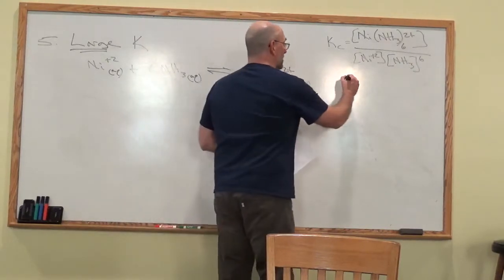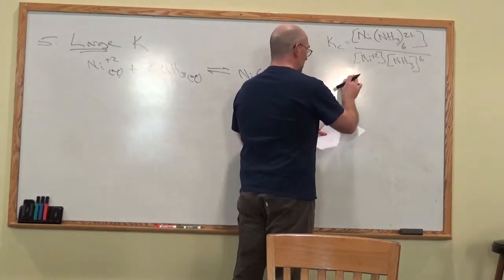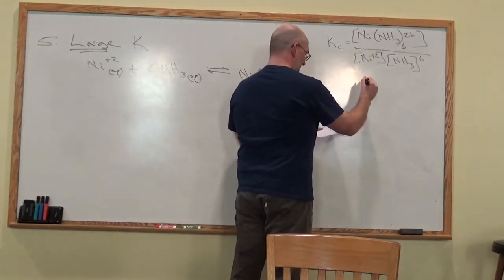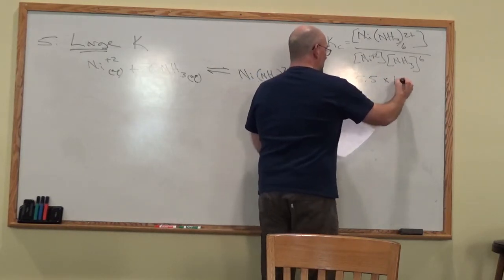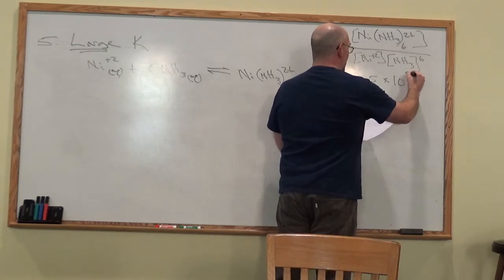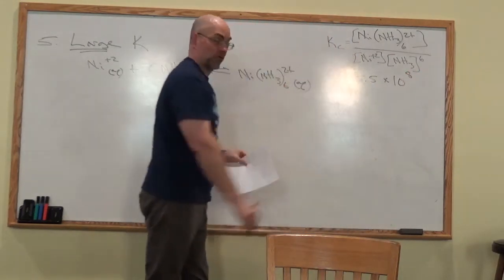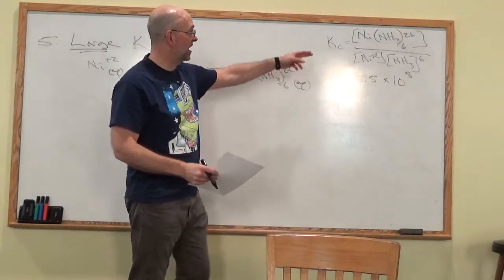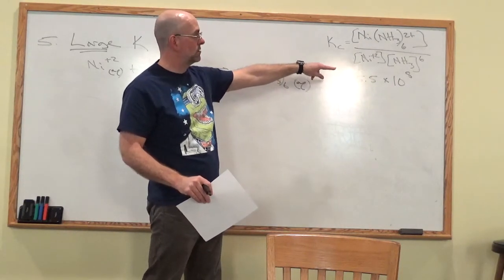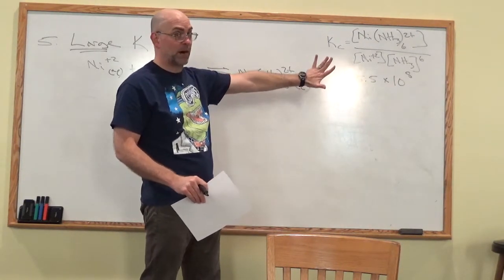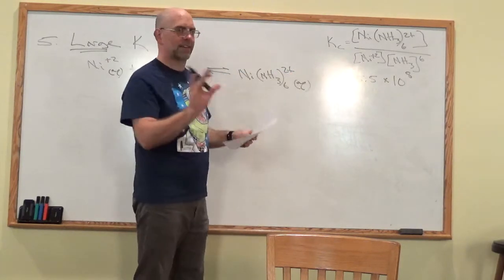So the value you're given is 5.5 times 10 to the 8th. And that would be some crazy units, I guess inverse molarity to the 6th power. But I'm not going to bother with the units on this one.